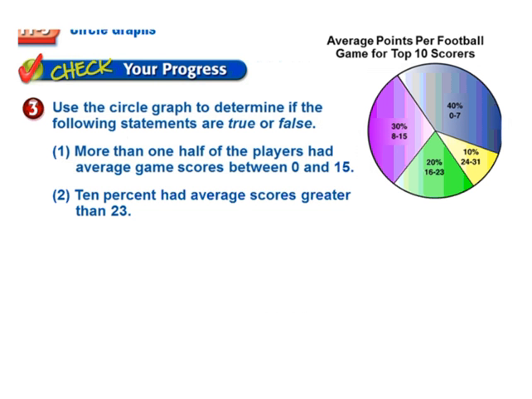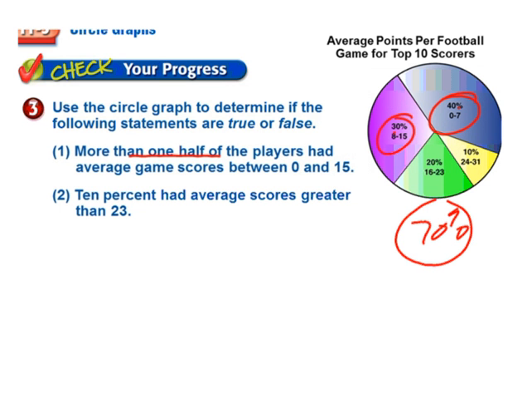The last problem says use the circle graph to determine if the following statements are true or false. More than 1/2 of the players had an average game score between 0 and 15, so more than 1/2. Between 0 and 15, that would be those two areas. 30 plus 40% would be 70%.